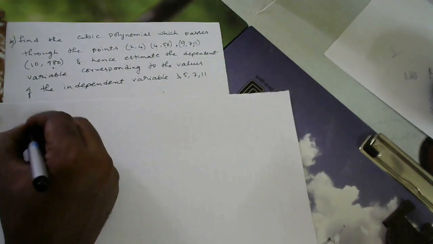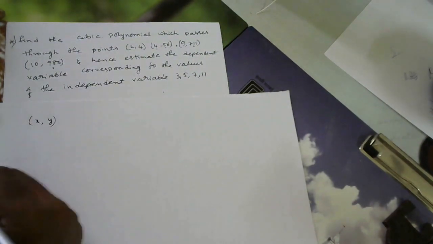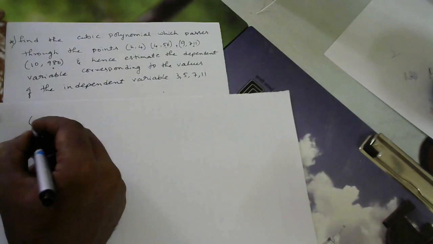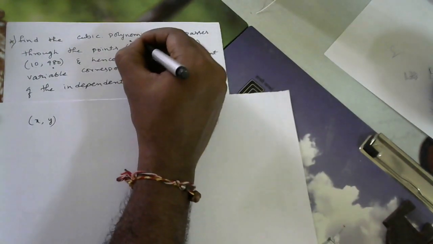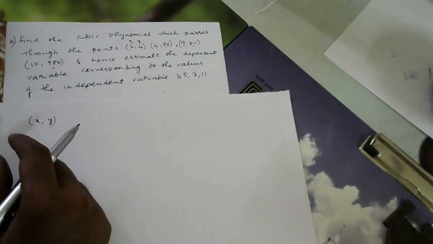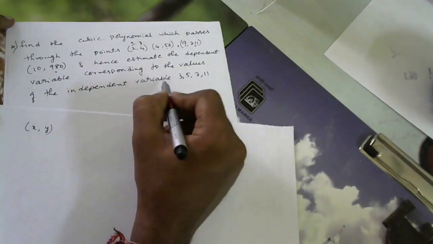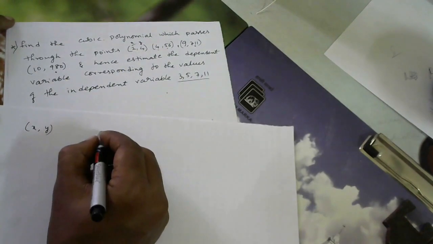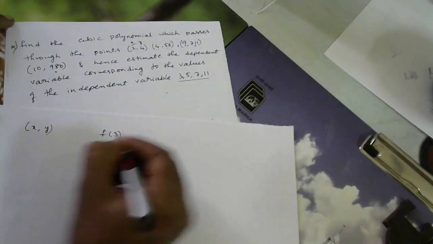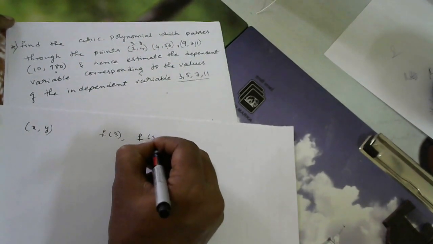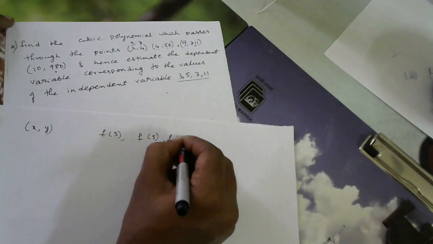Here they gave the data in terms of x, y, so these are all your x values and these are your y values at every point.